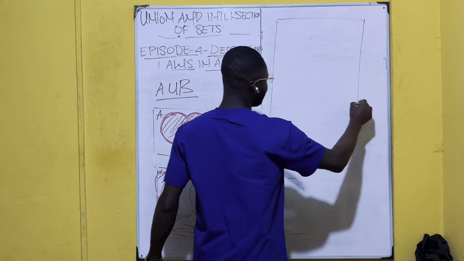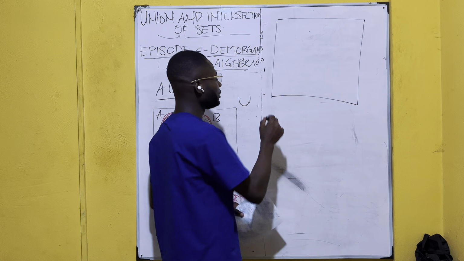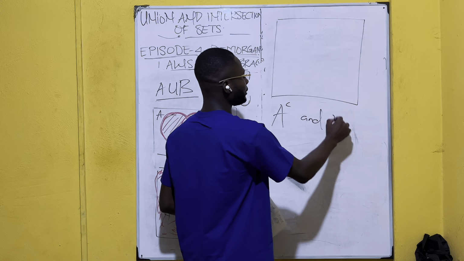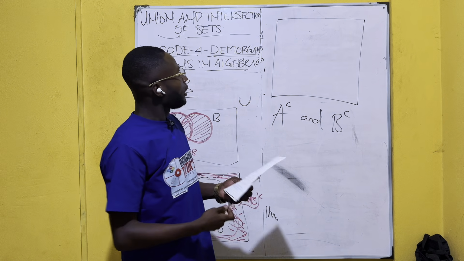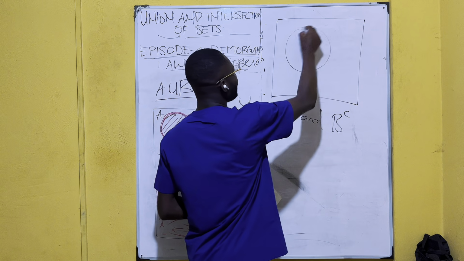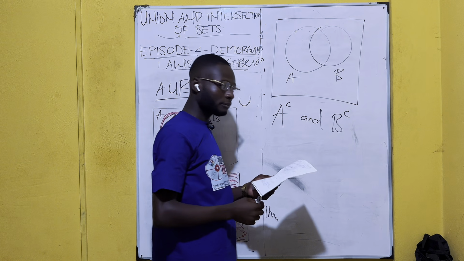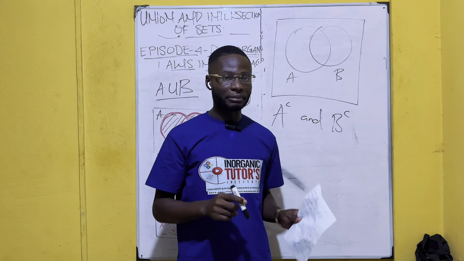So we have this here, and we want to shade A complement and B complement. This is set A, this is set B. So how do we shade A complement and B complement?